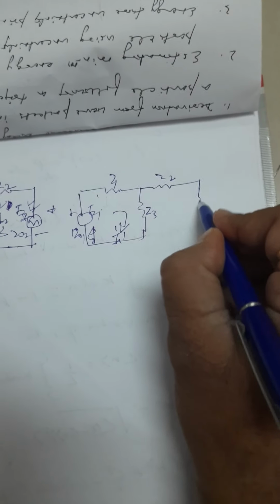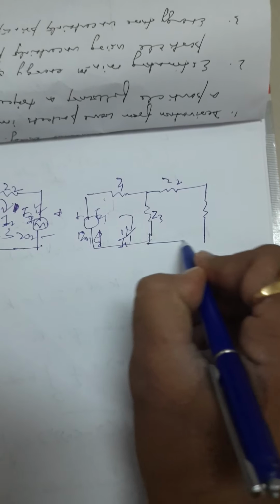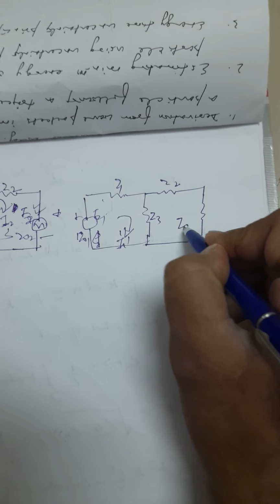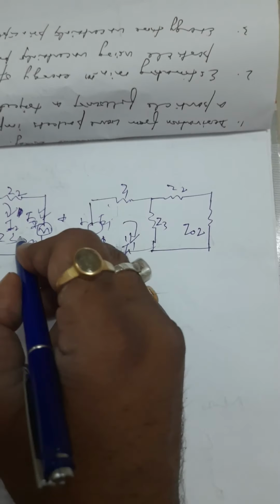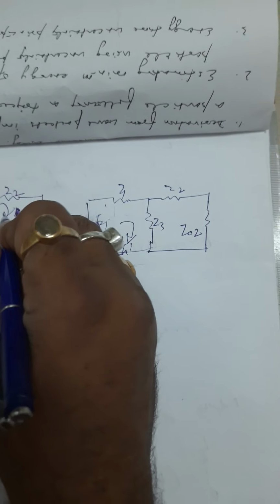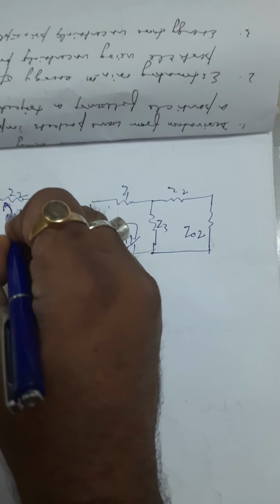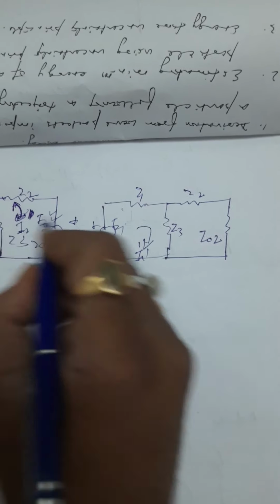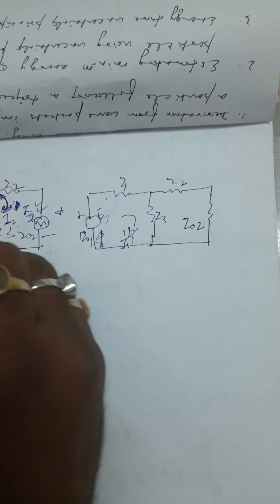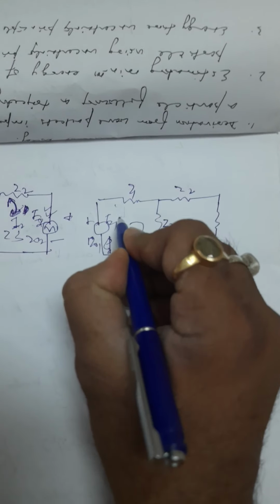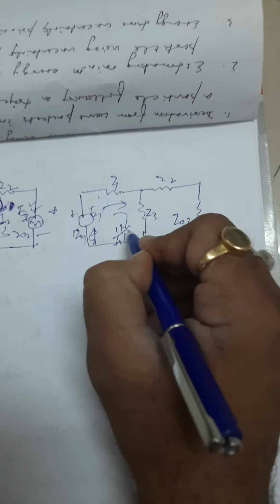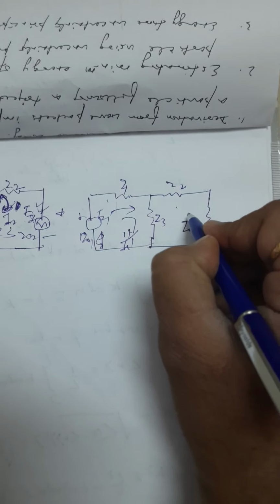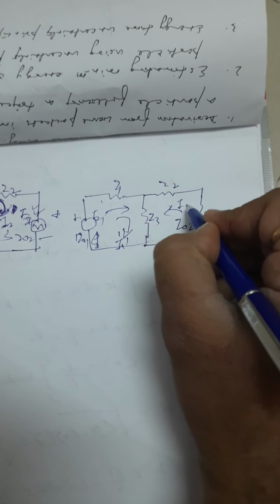In place of E2 we'll have Z02. Here we have a current I1 prime, and here we have I2 prime. This is one of the situations.